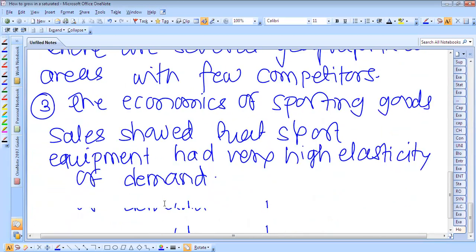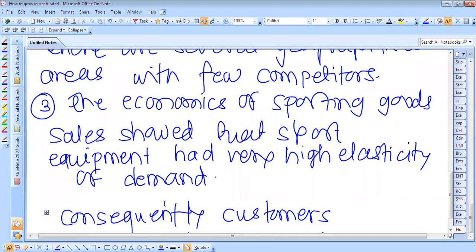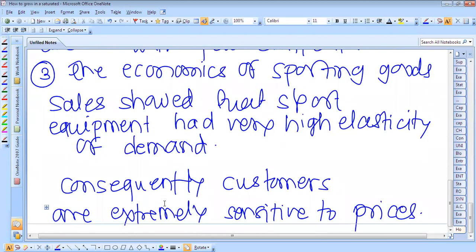And third, which is not least important, is the economics of sporting goods. Sporting goods sales showed that sports equipment has very high elasticity of demand. Consequently, the customers are extremely sensitive to prices. So this is how we can grow in a saturated market. Thank you very much.